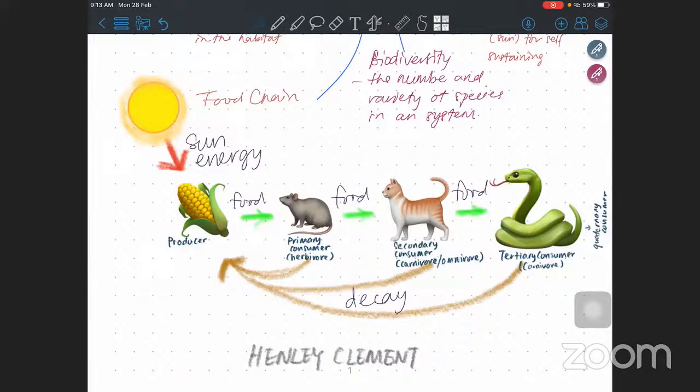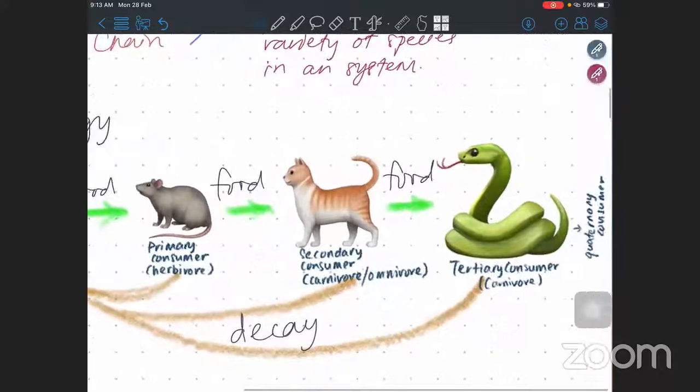A carnivore is an animal that feeds on other animals, and an omnivore is a mix: they eat meat and animals and also plants. Then we have the tertiary consumer, which is usually a carnivore. And finally, in some chains you may have the quaternary consumer.